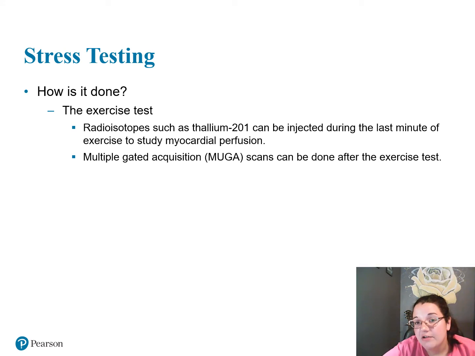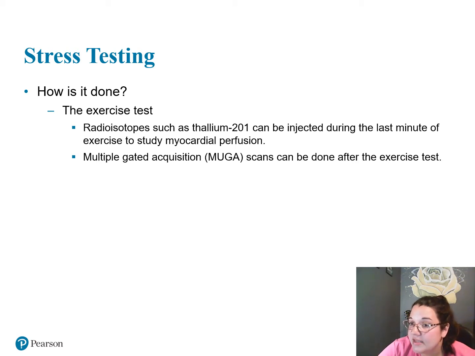Radioisotopes such as thallium-201, this is again a homework question, a quiz question, can be injected during the last minute of exercise to study myocardial perfusion. Very important.